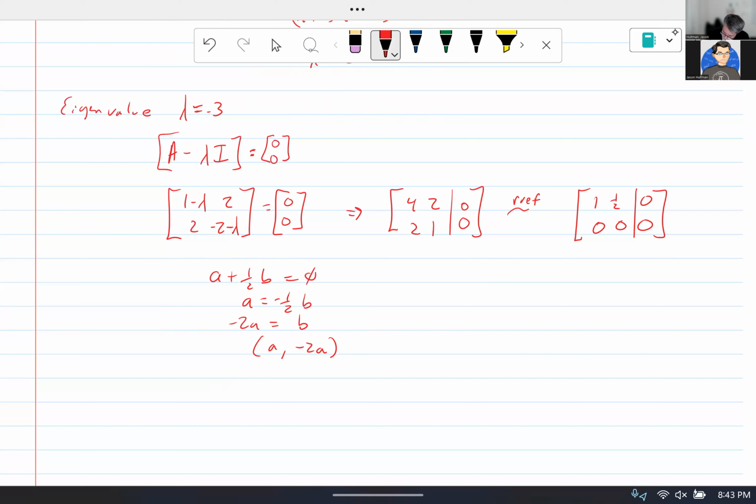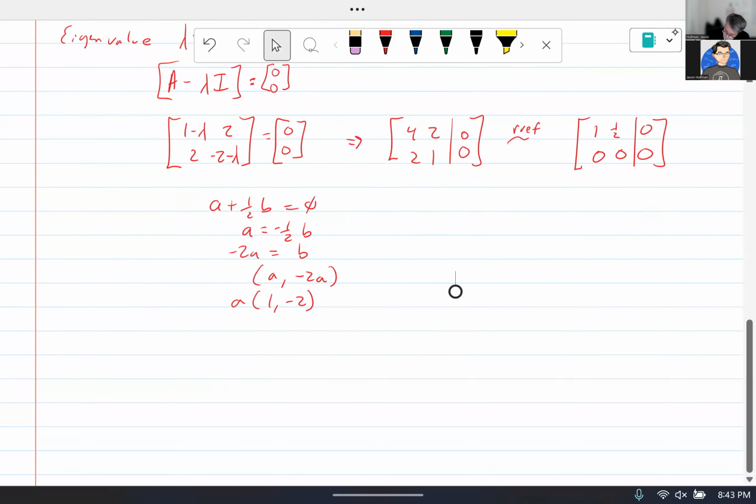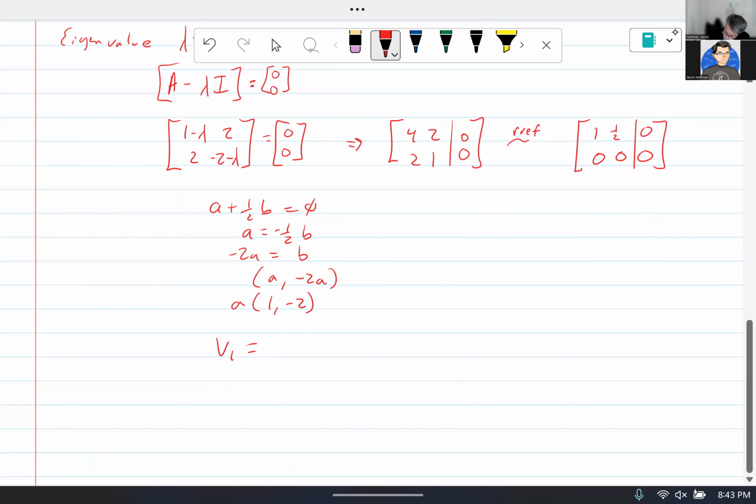If I factor out the a, or I could have used r and s as well, it doesn't matter. This is 1 and -2, and so 1, -2 is my eigenvector. So v1 is equal to 1, -2, and that corresponds to eigenvalue lambda equals -3.